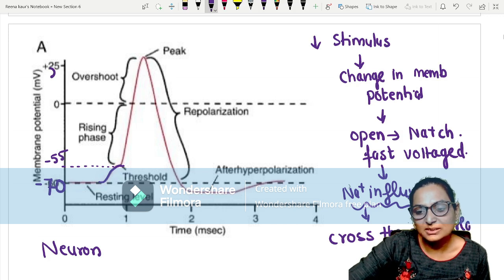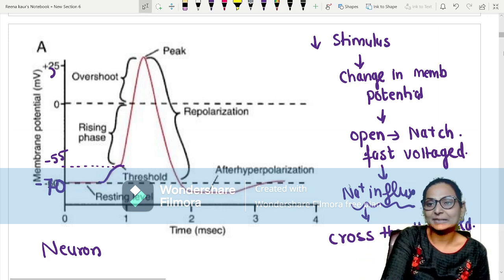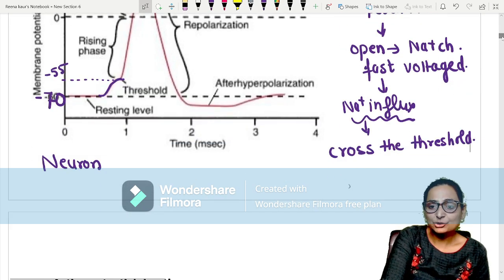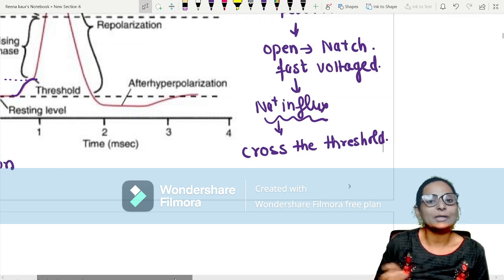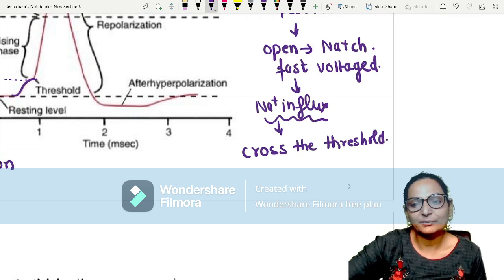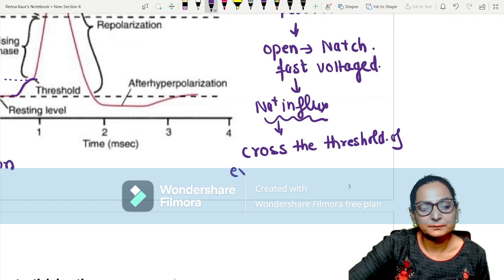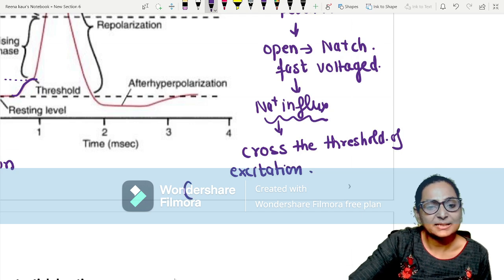It will cross the threshold of excitation. It has to cross the threshold of excitation. If it does not cross, it will become a local potential and die off. So it will cross the threshold of excitation, and it results in a positive feedback cycle.